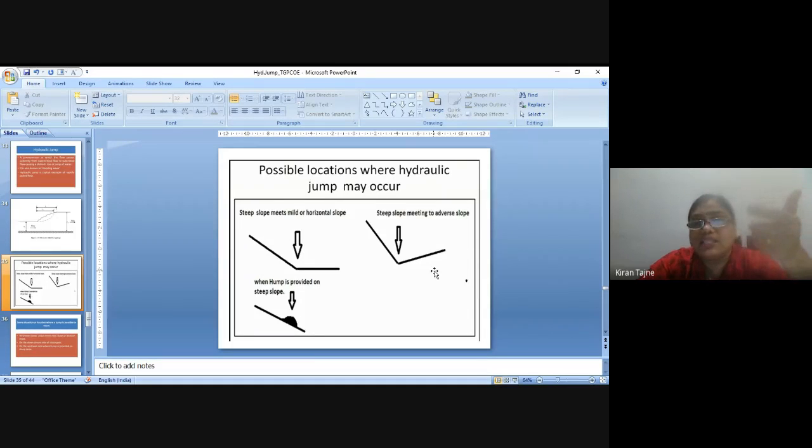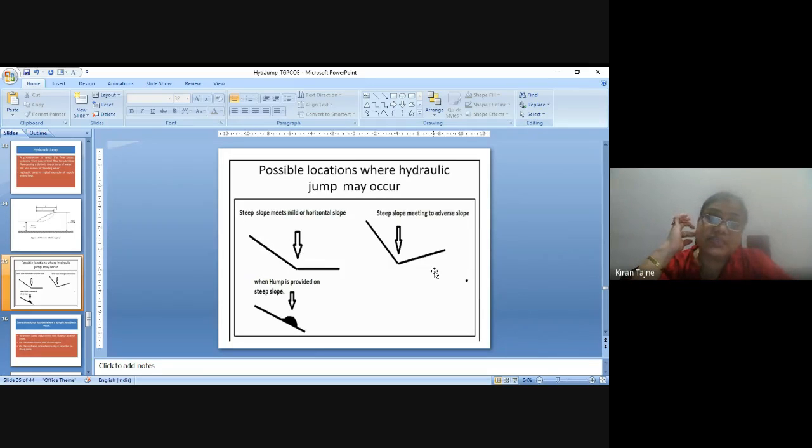Then a steep slope meeting an adverse slope, which means there is an increase in slope with respect to length. Here also we can see it is a possible location of hydraulic jump.